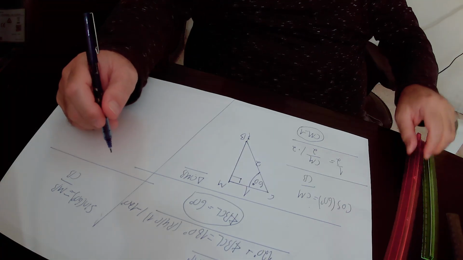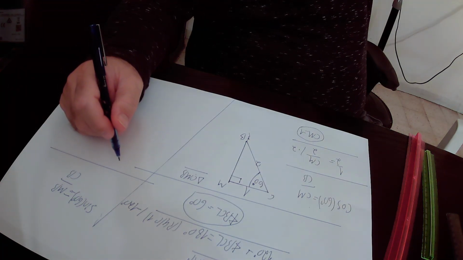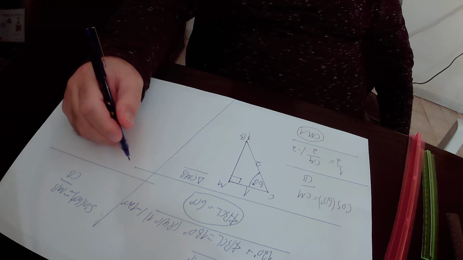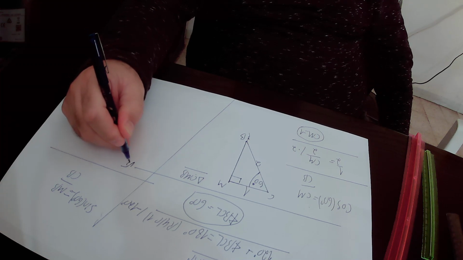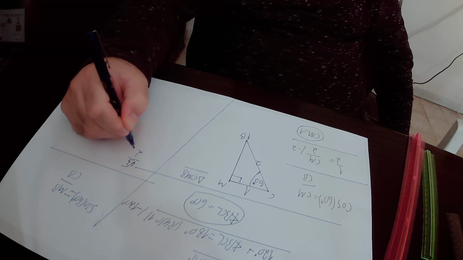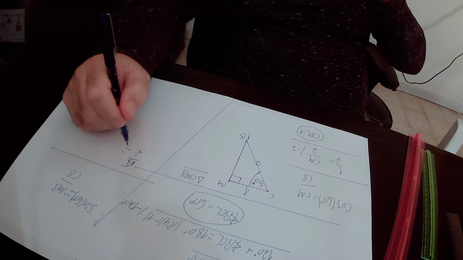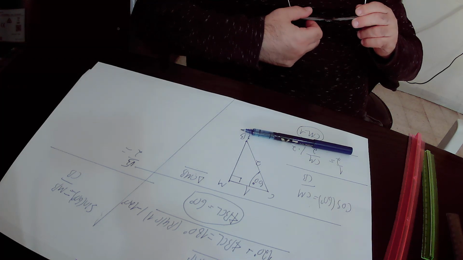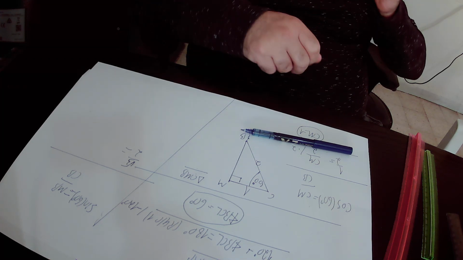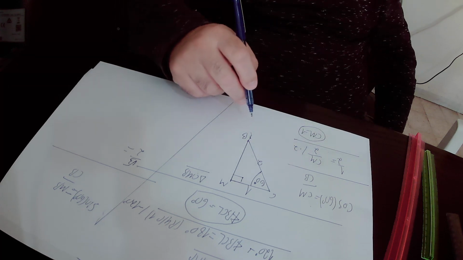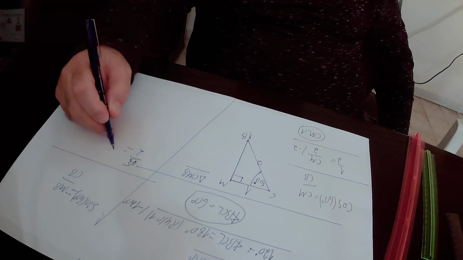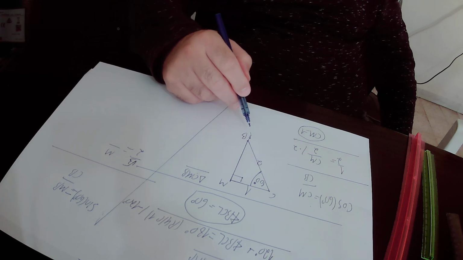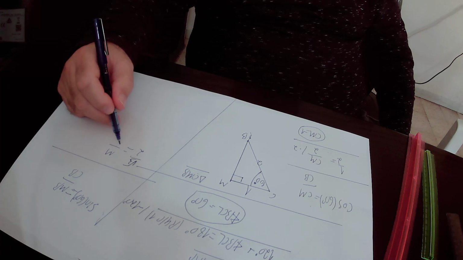Sine 60 degrees is square root of 3 over 2, so we substitute sine 60 degrees by square root of 3 over 2, and it is equal to MB, the missing side, so we leave it as it is, over CB. CB equals 2 units, therefore we substitute CB by 2.